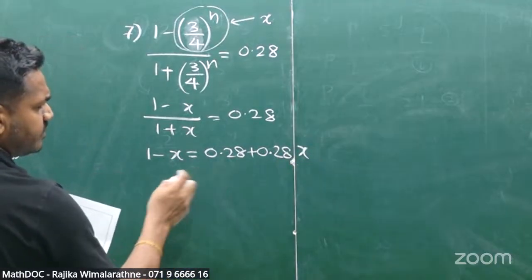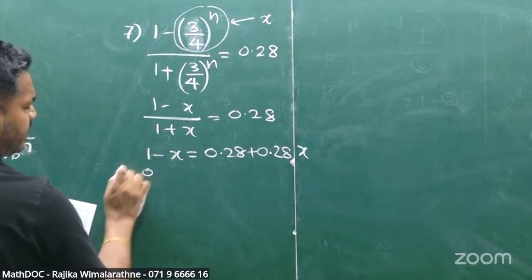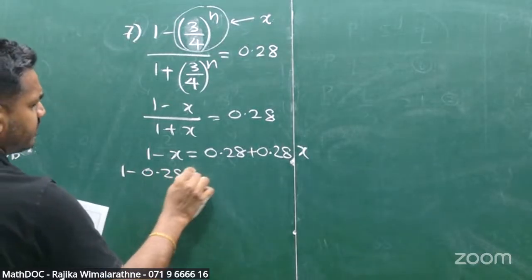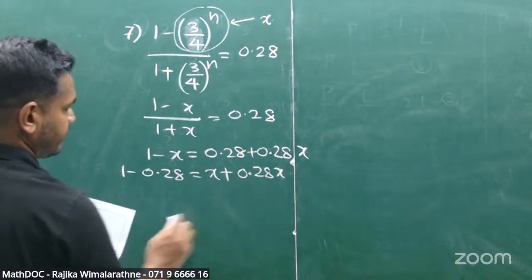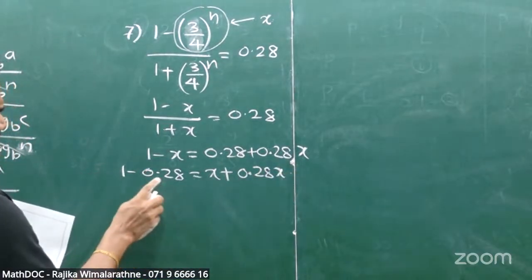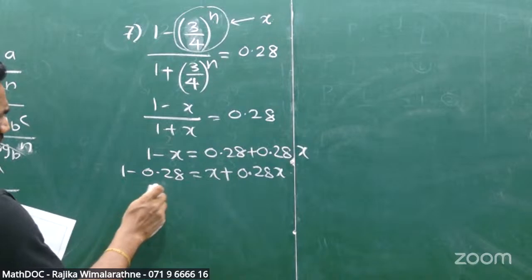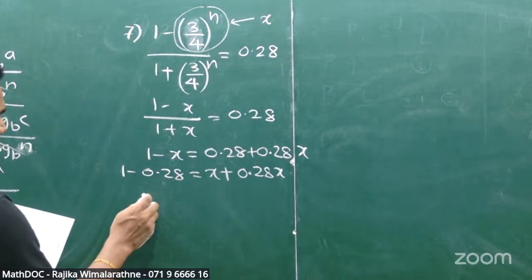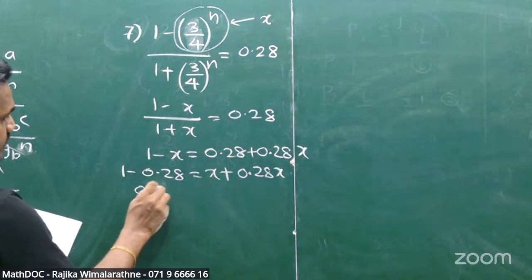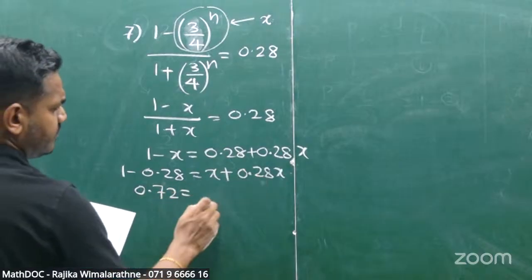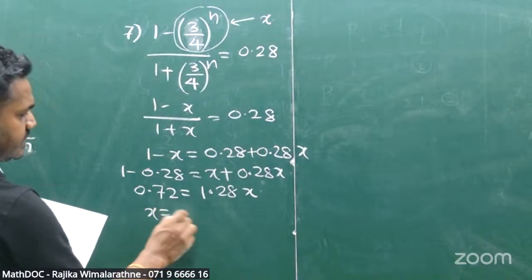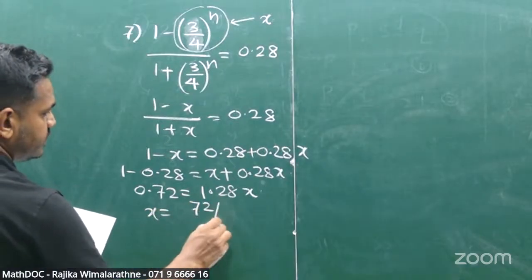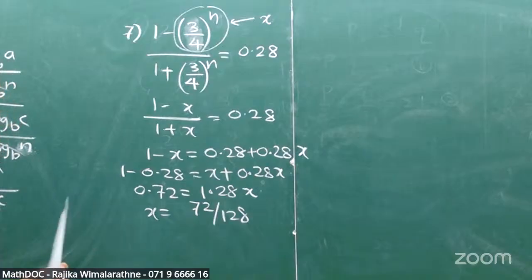Then take one side, 1 minus 0.28x plus 0.28x. Then here 0.72, here 1.28x. Then x equals 72 over 128.